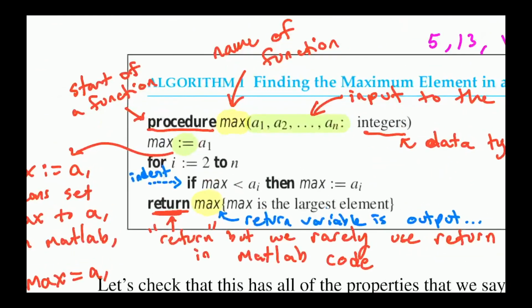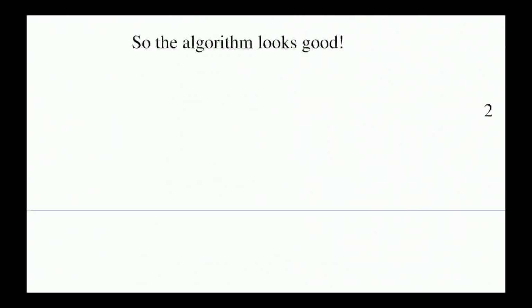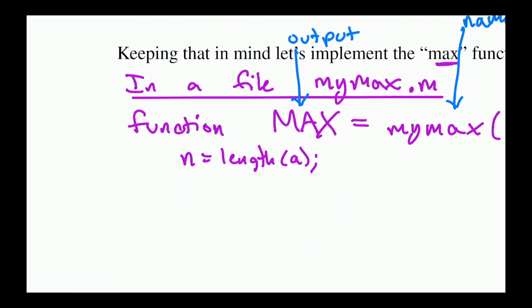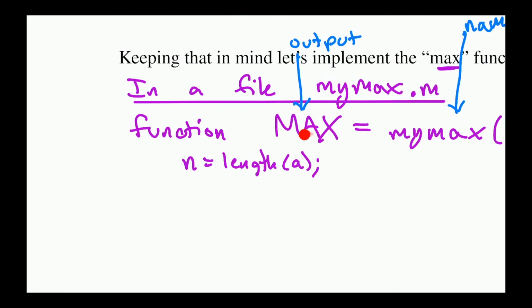So the first line that we have here is max equals A1. Now, it's going to look a little different in MATLAB code. First of all, I decided to use uppercase here because I don't want to conflict with the built-in max. So uppercase, MATLAB's case sensitive, equals, and it's supposed to equal A1 like this, right?